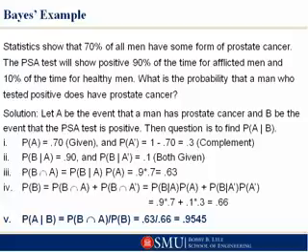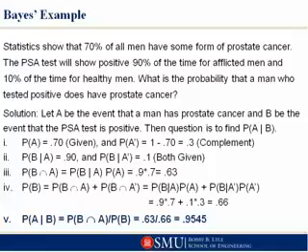So let A be the event that a man has prostate cancer, and B the event that a PSA test is positive. Then the question is to find the probability of A, he has prostate cancer, given B, that the test came back positive. The probability of A is equal to 0.7. We were told that.